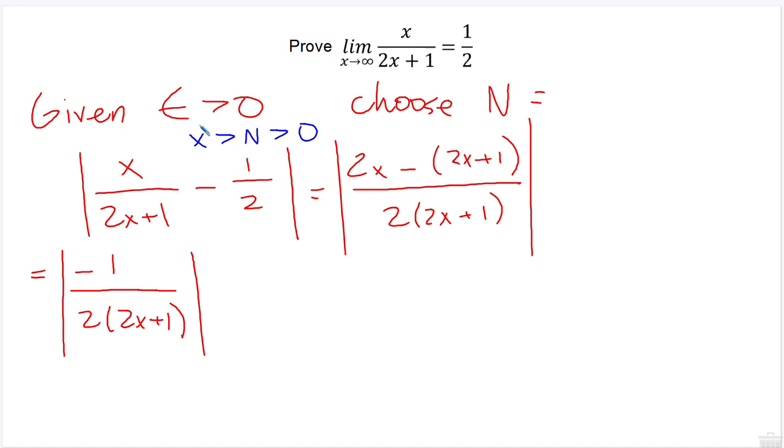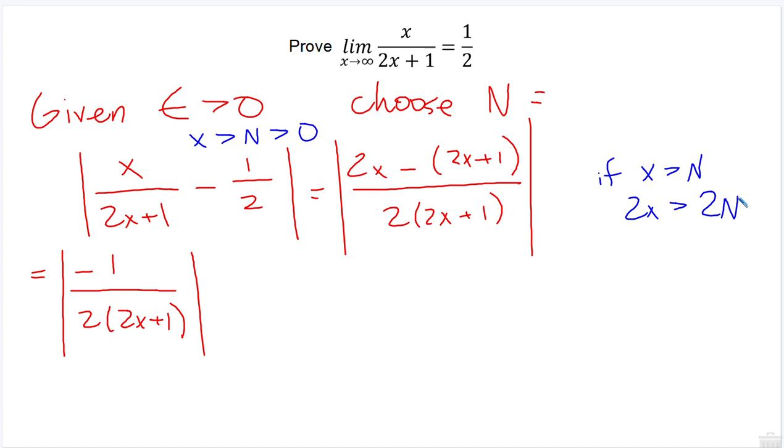That's our supposition. So if I'm supposing that x is greater than n, let's think about what we've got going on down here. We've got a 2x plus 1 in our denominator. So somehow I want to relate 2x plus 1 with n. Well, if I know that x is greater than n, then I must know that 2x is greater than 2n.